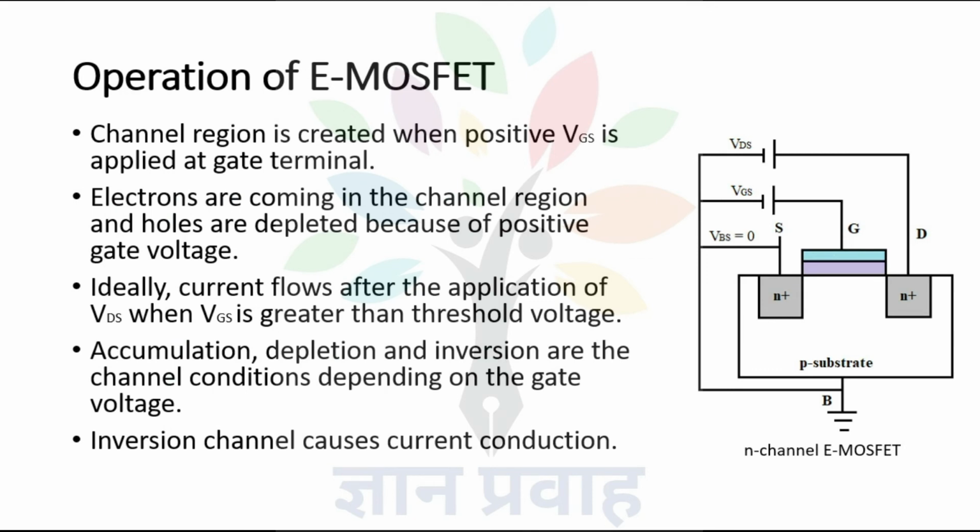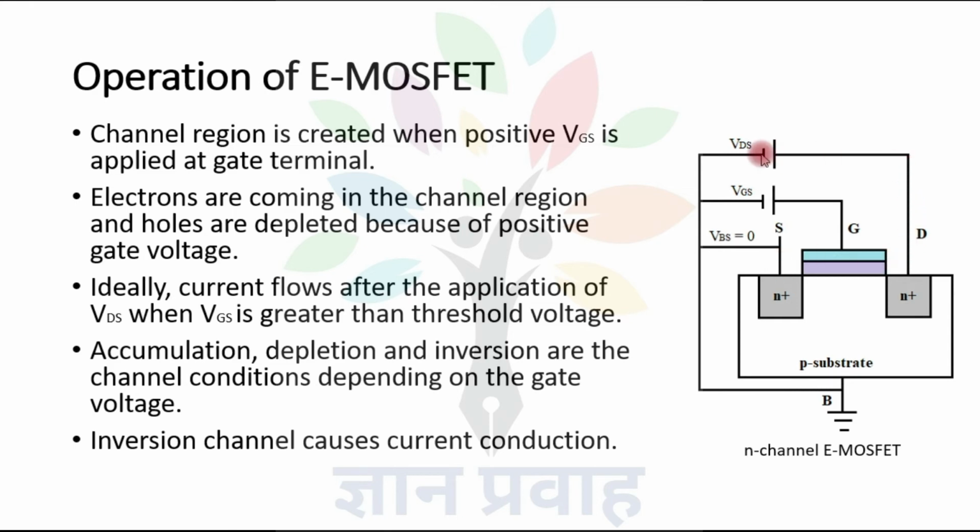The operation of eMOSFET. The operation of eMOSFET is same as we have discussed for DMOSFET with minor difference. The structure is given here for N-channel eMOSFET. So we are discussing the operation of N-channel NMOS. P-channel is called PMOS. So here for NMOS device, N plus regions are connected with drain and source terminals.